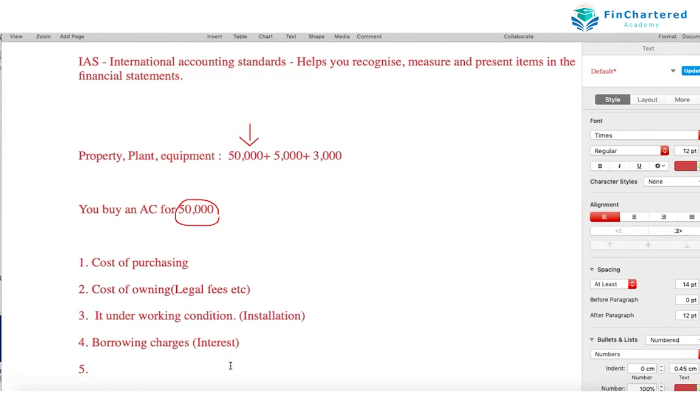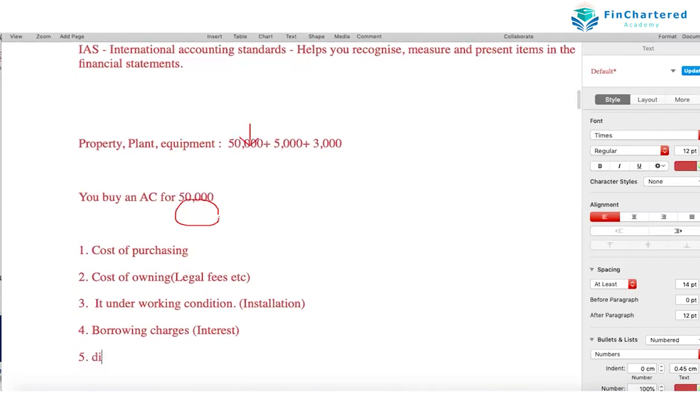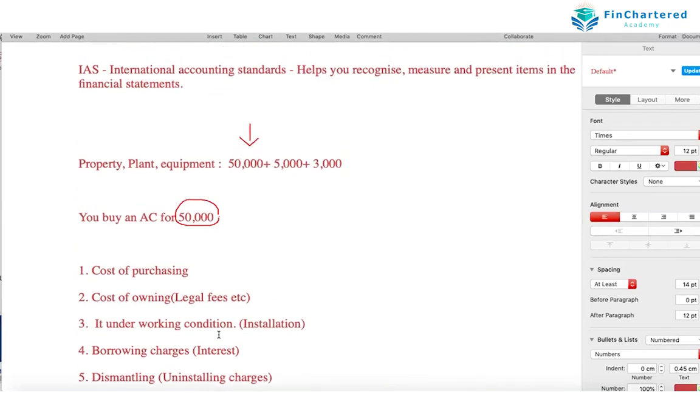It is your responsibility. Without that, you will not be able to use it in the next place, for example. So dismantling charges or uninstalling charges also will be capitalized. So these are the costs that will be capitalized, that will be measured.